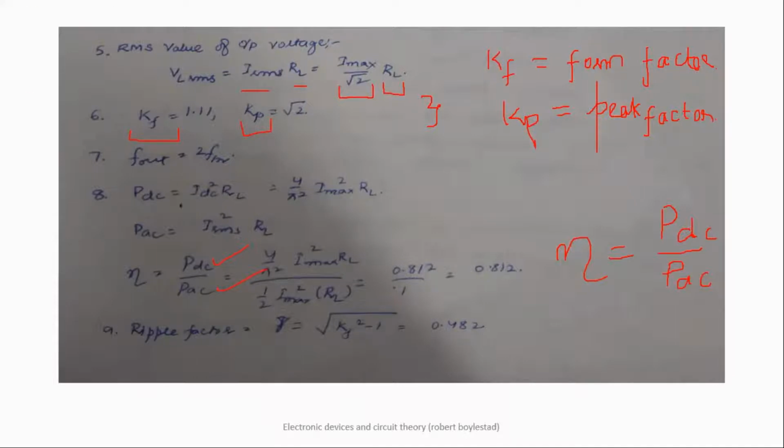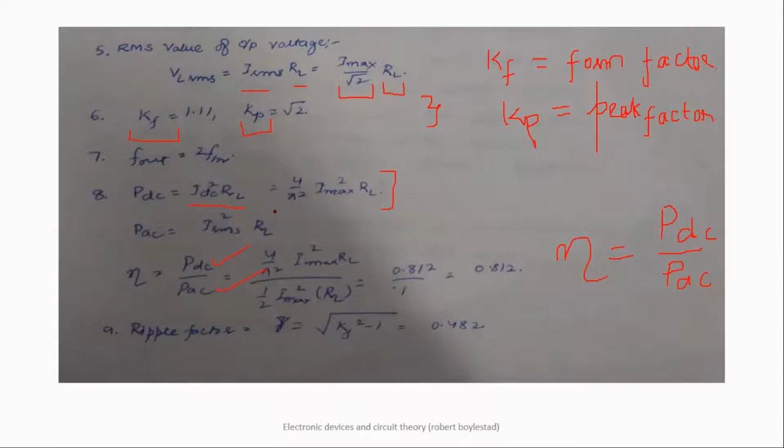So what is DC power in rectifier? IDC square into RL. So power is equal to I square R. We know that formula. Then what is your IDC? IDC is 2 by pi Imax. So we square it, we are getting this particular value. So this is your PDC. This is a constant value, and on this port we are actually applying AC input.